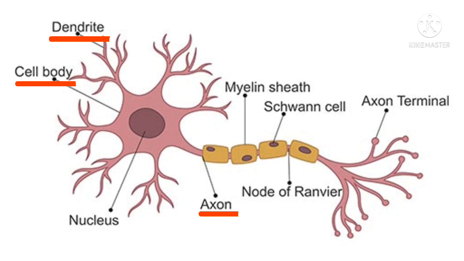The region between the nodes is called internode. Clear? Function: the myelin sheath acts as an insulator and ensures rapid transmission of nerve impulses.